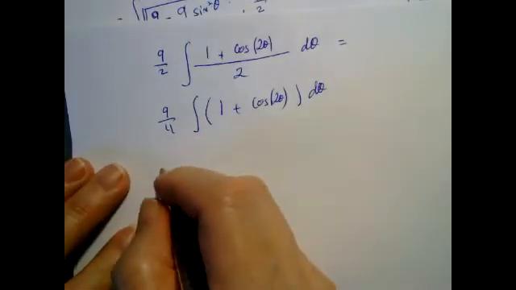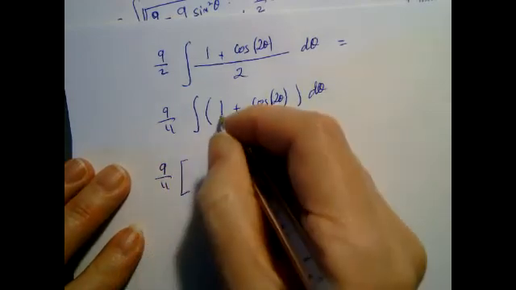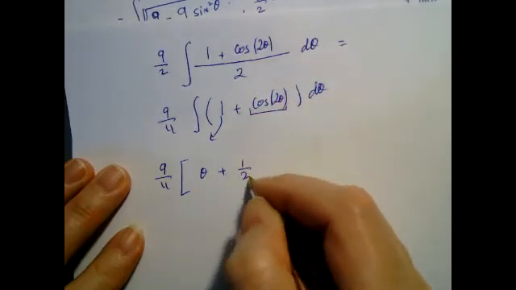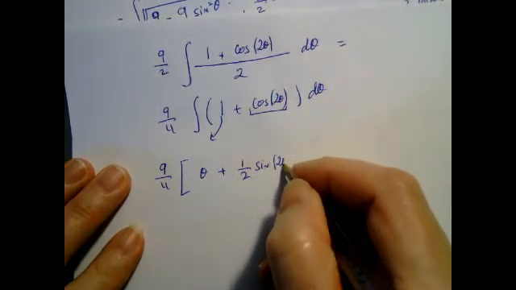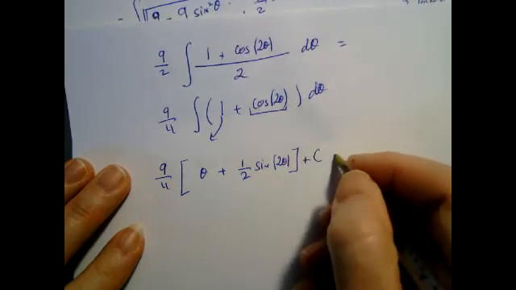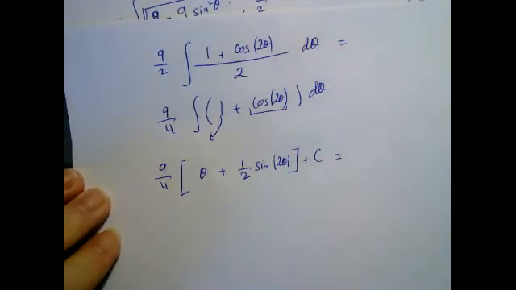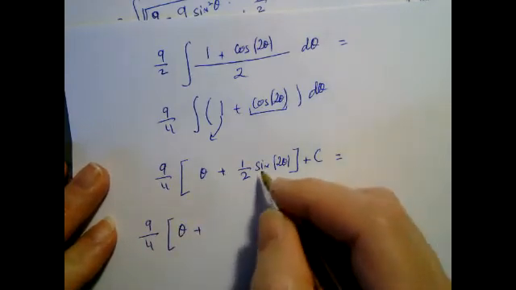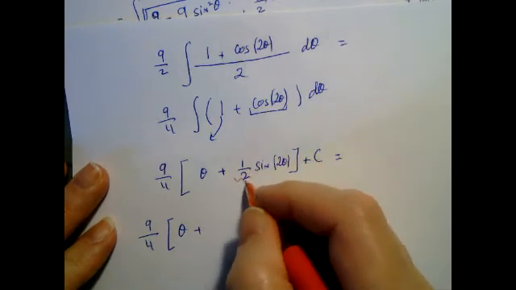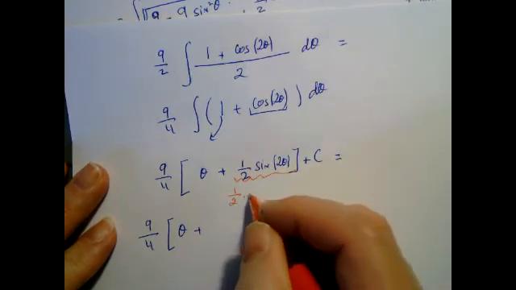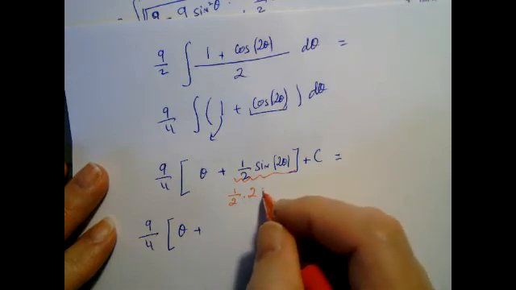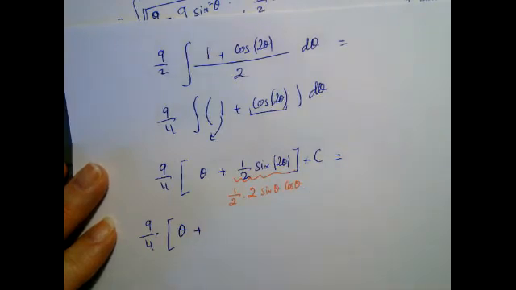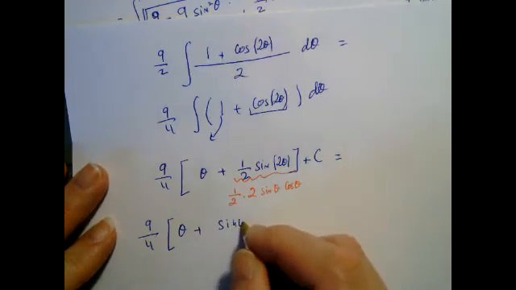And this will be 9/4 times the antiderivative of 1, which is theta, plus a half sine of 2 theta, plus C. Based on what we did a minute ago, I'm going to express this in terms of theta because that's what I will need eventually. So I'll have a half sine theta cosine theta, and this will give me 1 plus that.